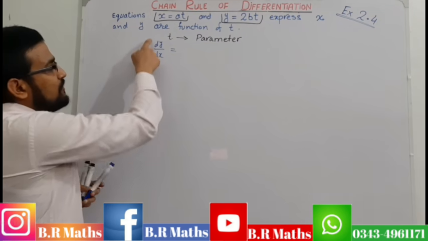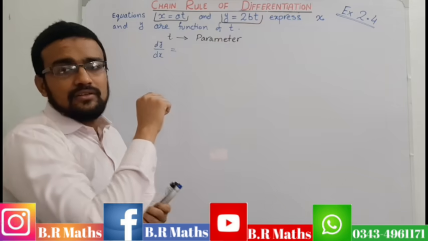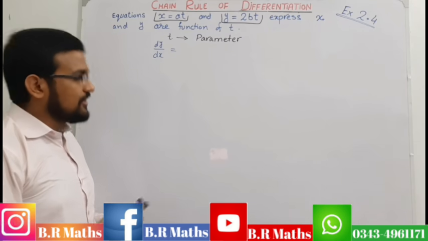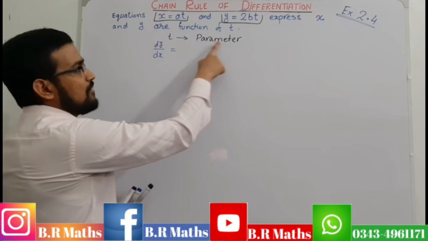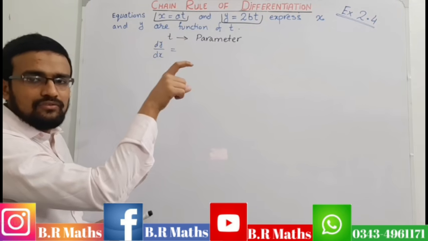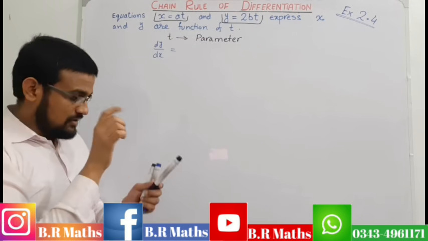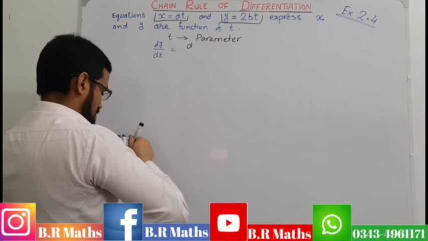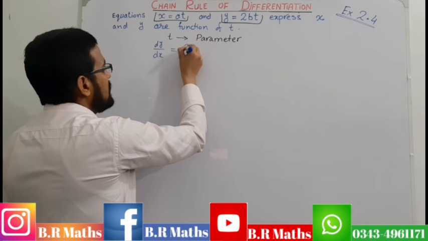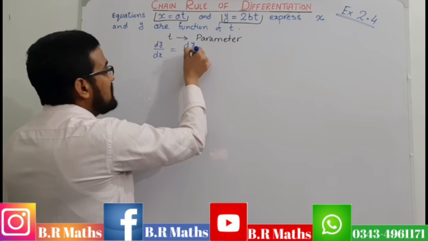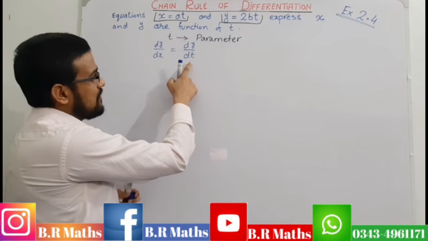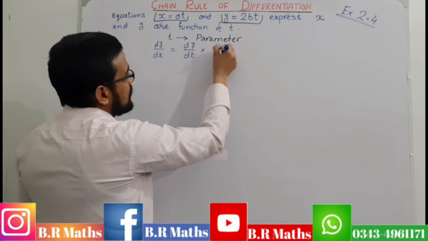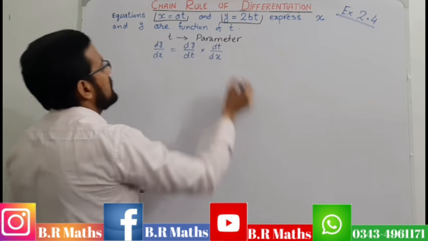Okay, both are different functions, different equations. The first equation is differentiated with respect to the other equation in which a parameter t is involved in both equations. So dy over dx is dy over dt, this is a parameter which is involved in both equations, dt over dx.